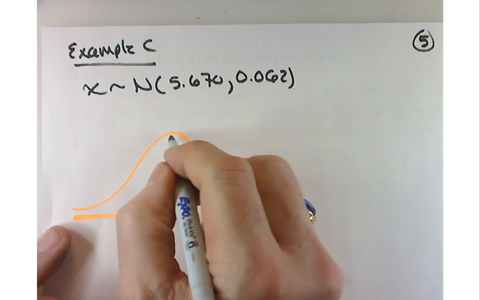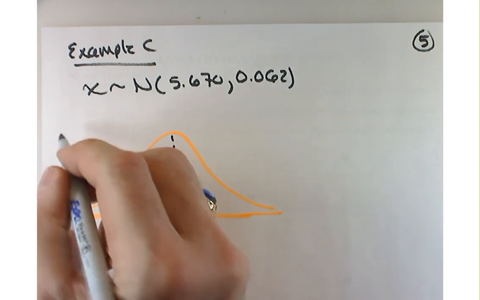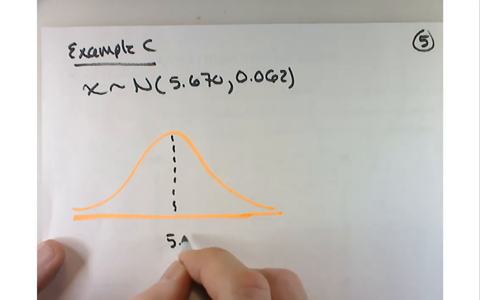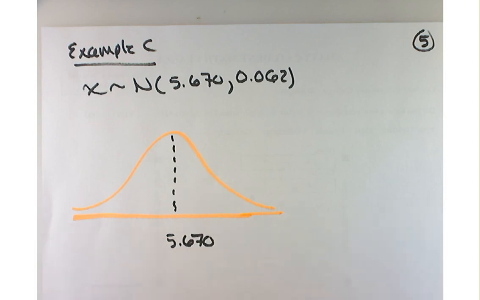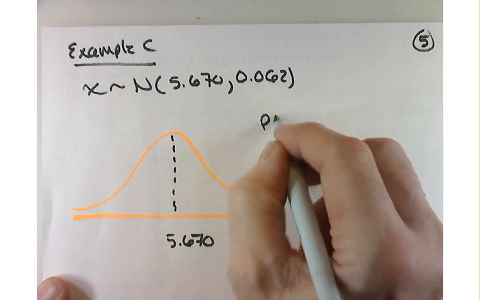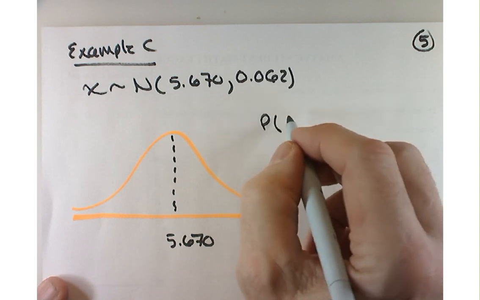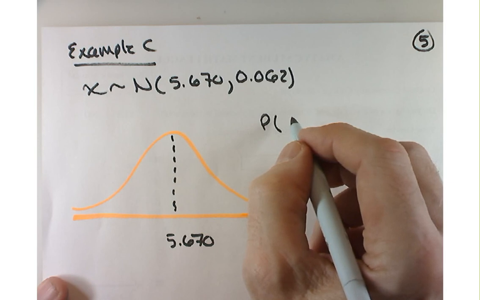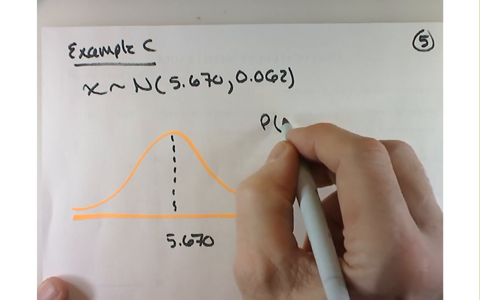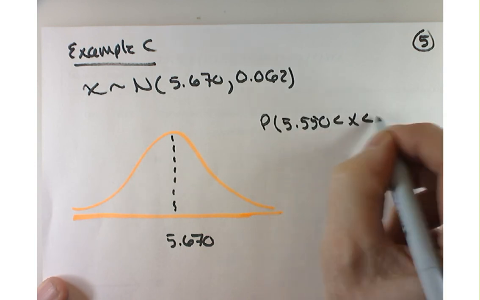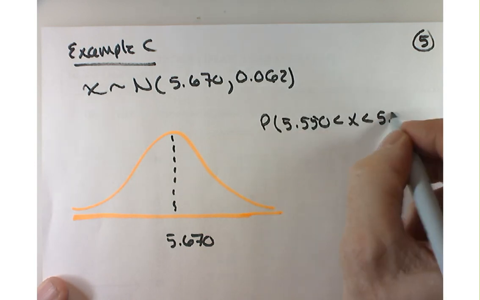So for part one here, this is 5.670. We want to find the probability that the machine accepts a quarter. It accepts quarters as long as 5.550 is less than X is less than 5.790.